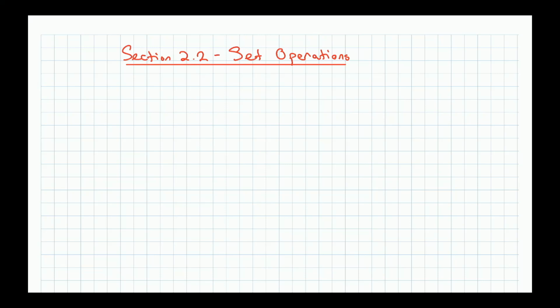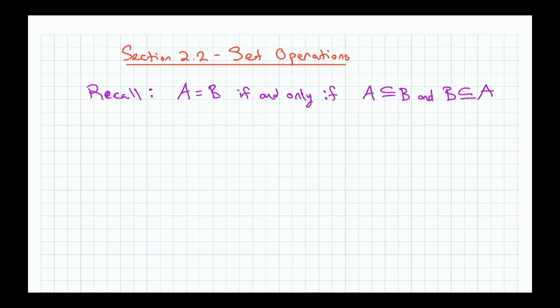So recall that A equals B if and only if, so those are sets, A should be a subset of B and B should be a subset of A.